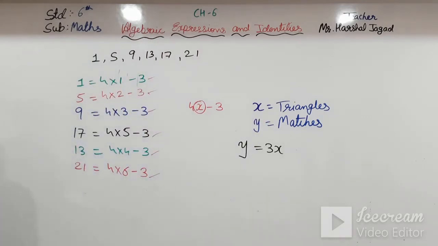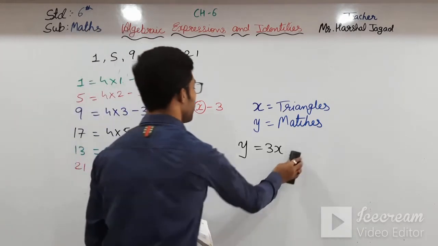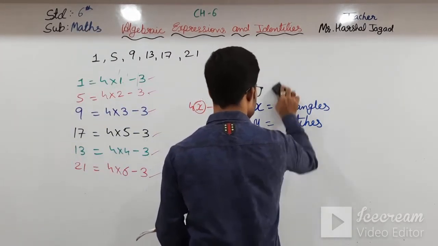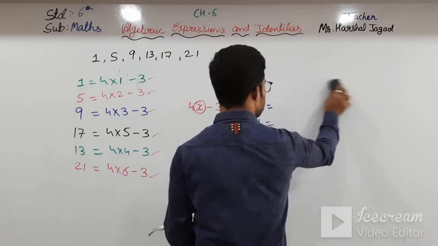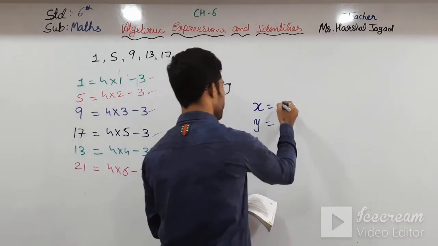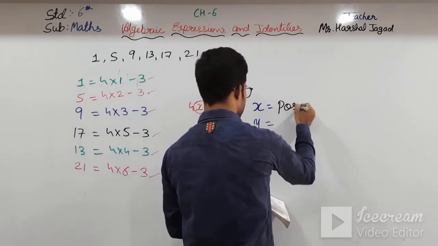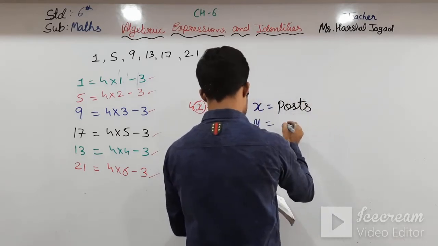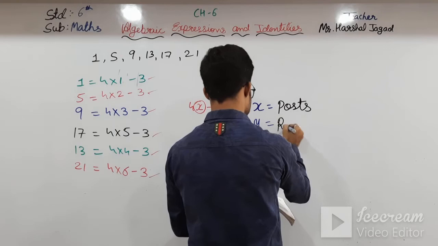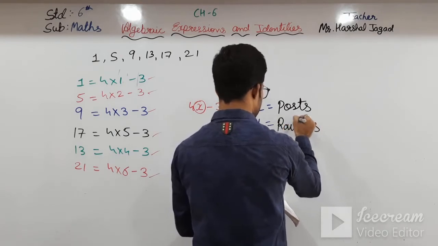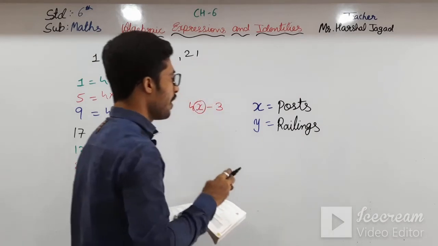In previous example number 1, that was triangles and matchsticks. Now what? So x is equal to posts and y is equal to railings.